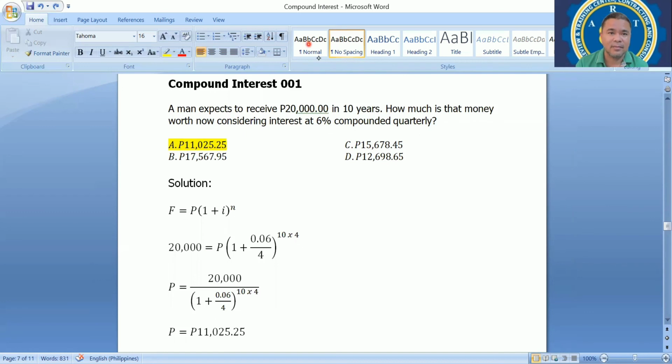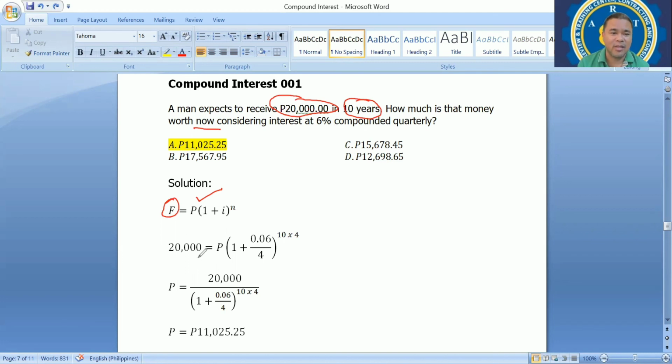He expects 20,000 in 10 years, meaning that 20,000 is the F. How much is that money worth now, considering 6% compounded quarterly? The problem said worth now, so the required is the P. Not all the time is the F required. Sometimes it is the P.